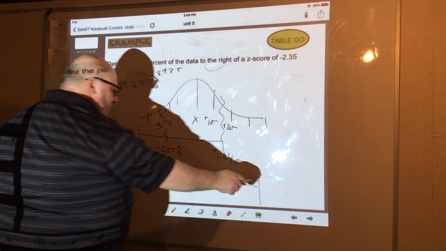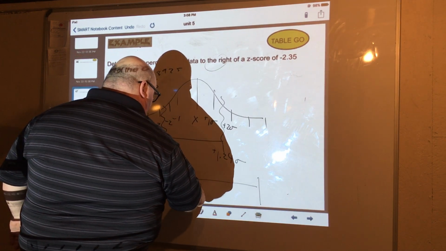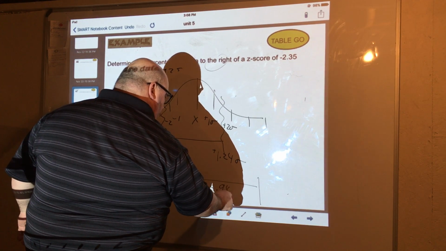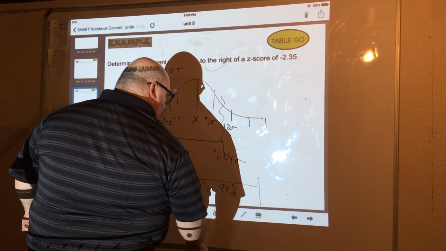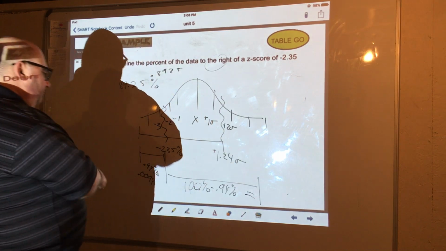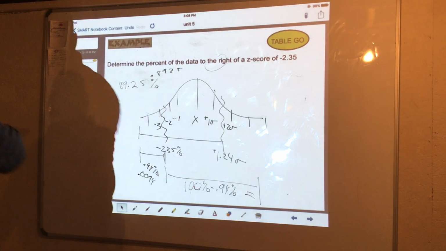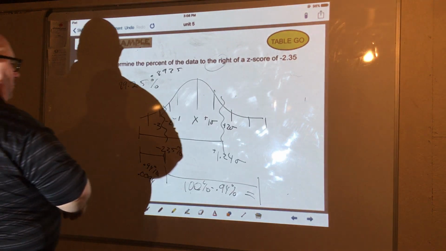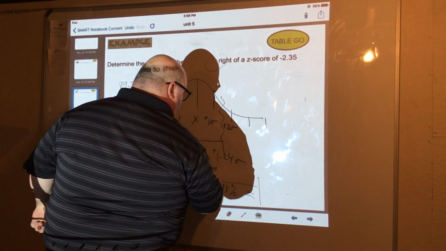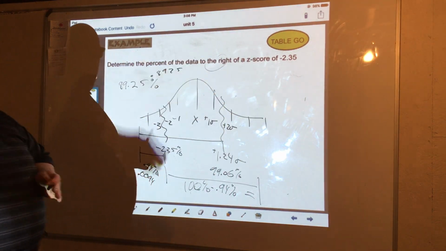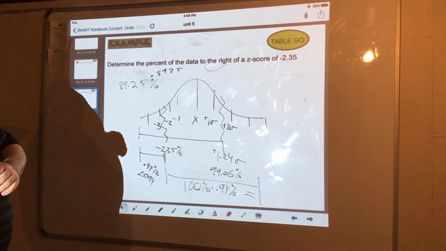So that means to the right of that will be 100% minus this 0.94%, right? Which is going to be 99.06 or something? Yeah. So 99.06% will be to the right of a Z-score of negative 2.35.